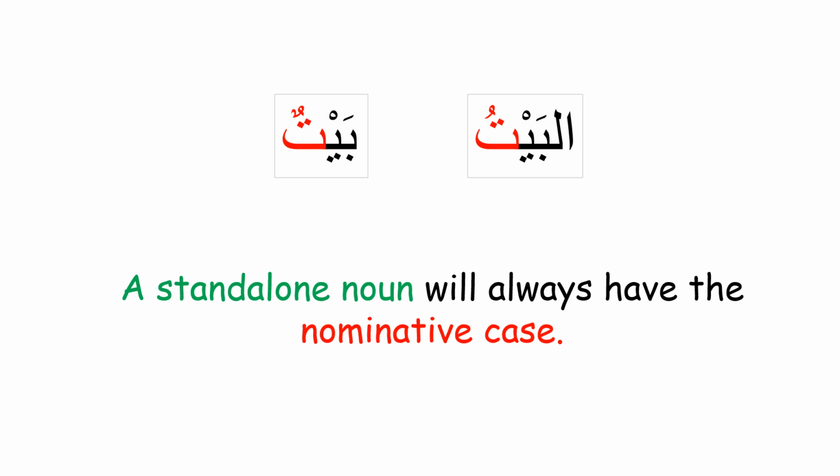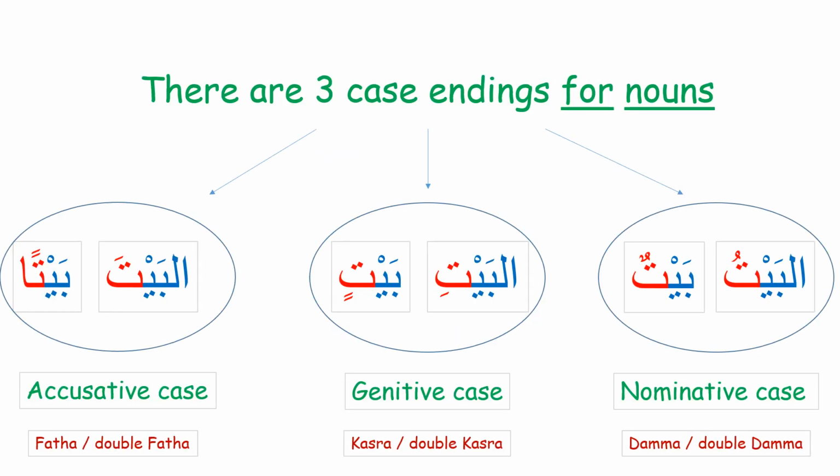However, and this is very important please, when interacting with other words, nouns can either keep their default case, which is the nominative one, or move on to another case ending. In total, there are 3 case endings for nouns. As I said, for nouns; verbs and particles have a different story.